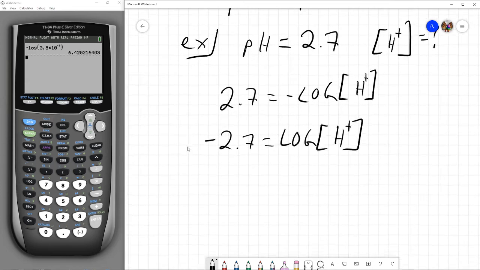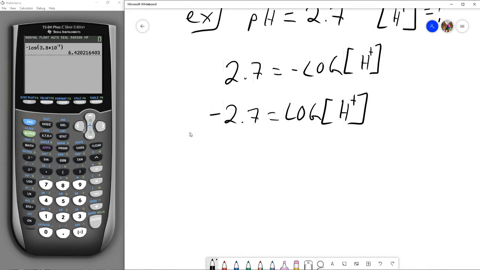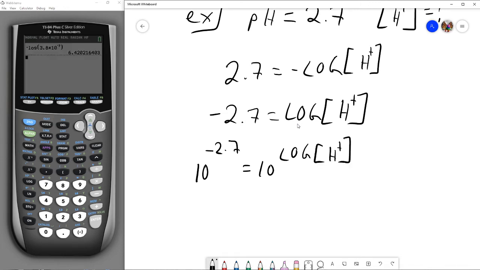And then now I want to exponentiate both sides with the exponential base 10 because we have the common logarithm, which is base 10. So we get 10 to the negative 2.7 is equal to 10 to the log of our molarity of hydrogen ions.